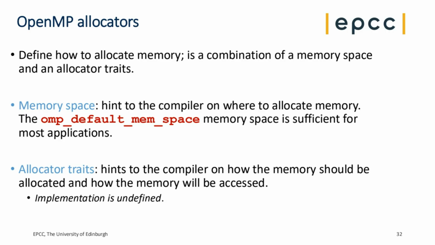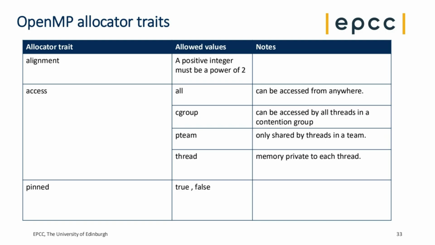Now, allocator traits are things to do with how the raw data is organized within memory. And then you can also say which threads will access that memory. You can specify access control. So here are the sort of allocator traits you might define.